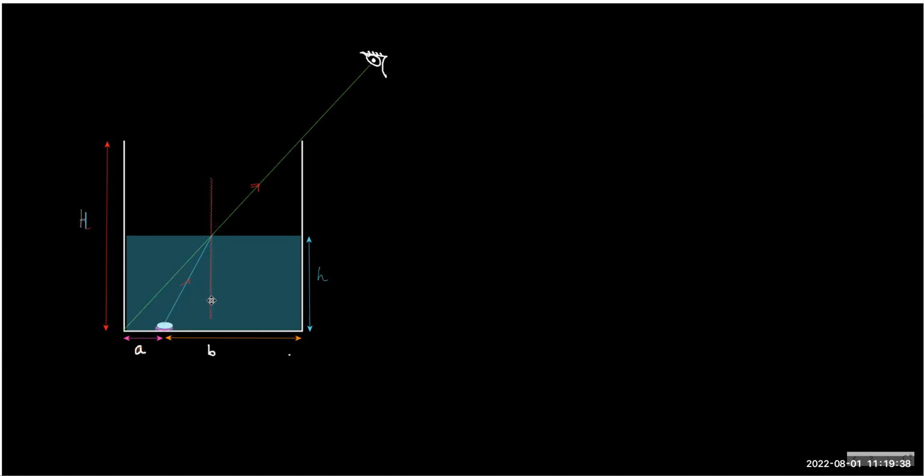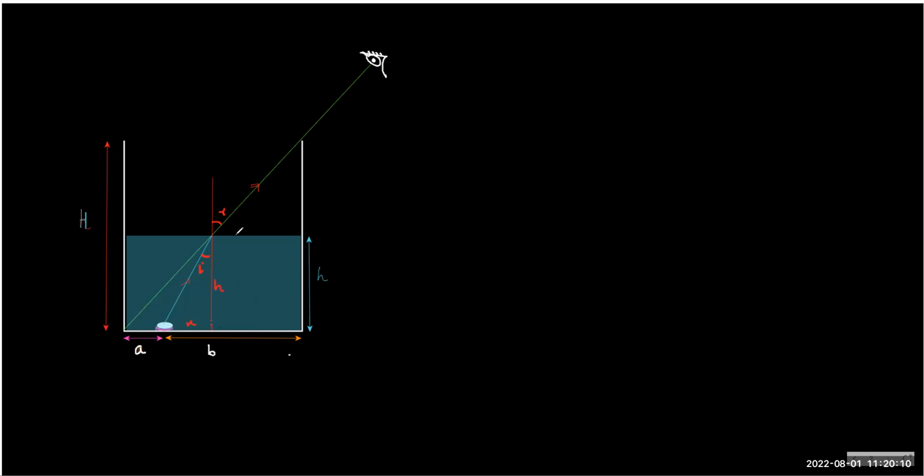So we would like to know what is the height, small h, which can make this possible. You can choose this as x value, and if it is x value, this is the h height.